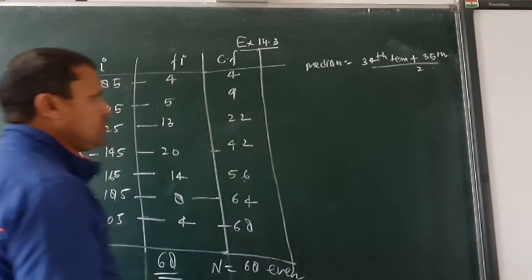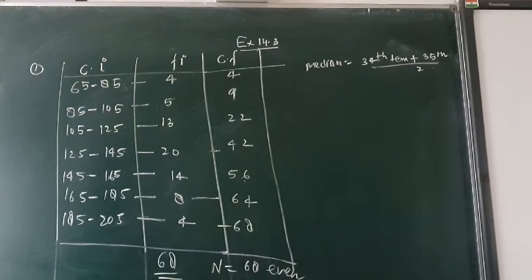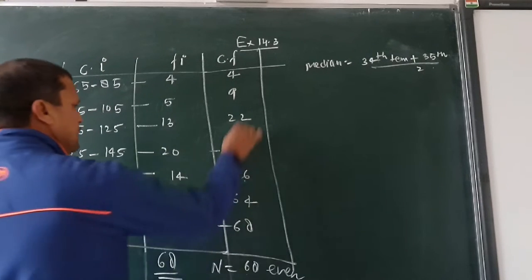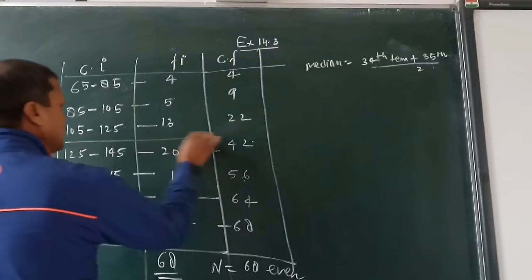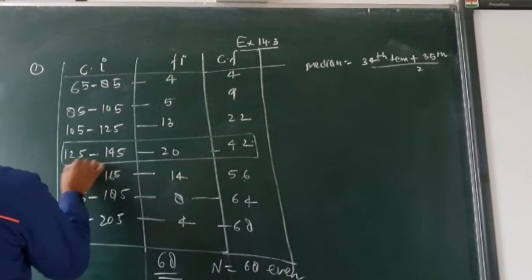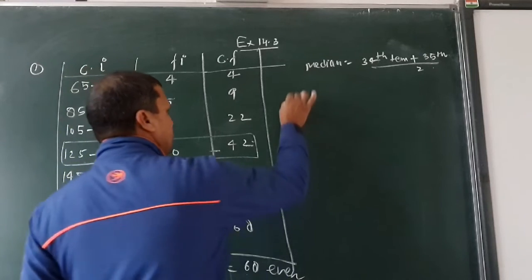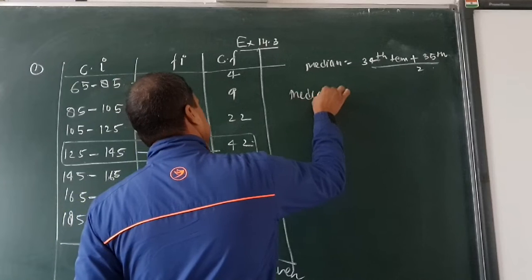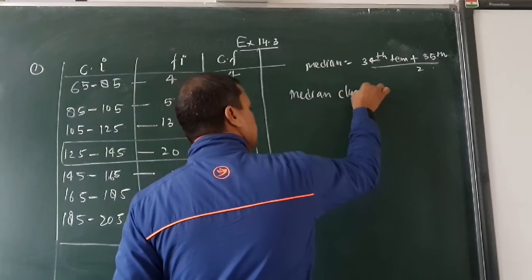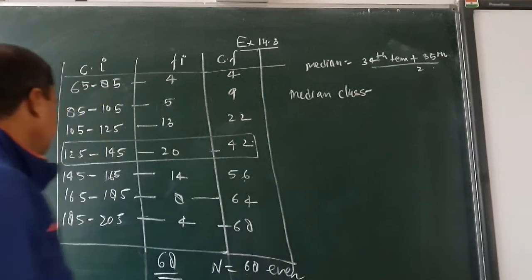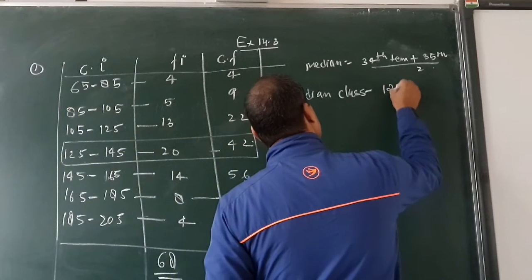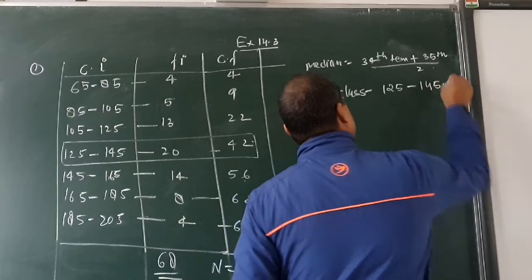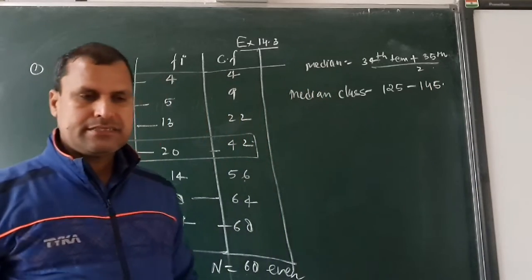This is the median. So where are the 34th and 35th terms? Both terms are in cumulative frequency 42. So this is the median class. The median class is 125 to 145. This is the median class.